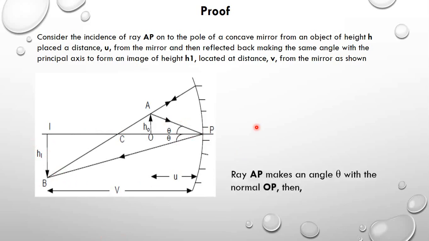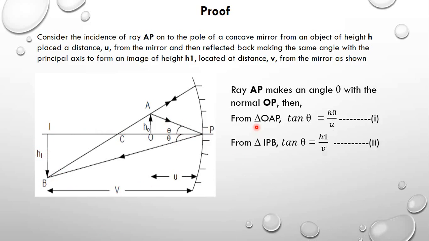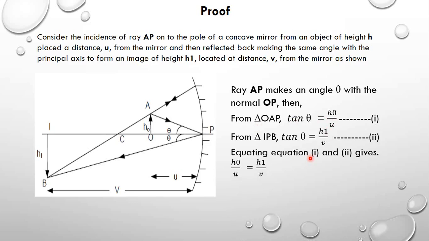So we shall come up with two equations. If we equate the two equations, we shall see that h naught over u is equal to h1 over v. And if we cross multiply, we shall have v over u is equal to h1 over h naught. But remember, h1 over h naught is equal to m, the magnification. Therefore, the magnification will be equal to v over u, which is the same as h1 over h naught.